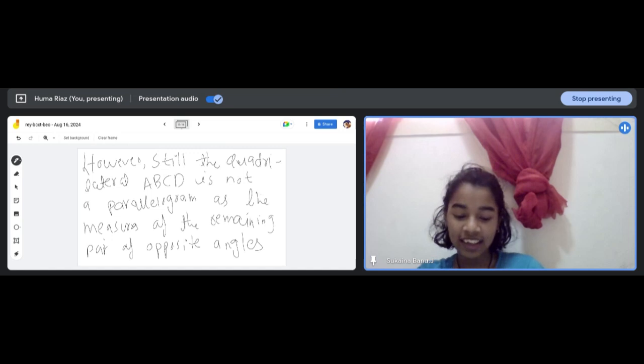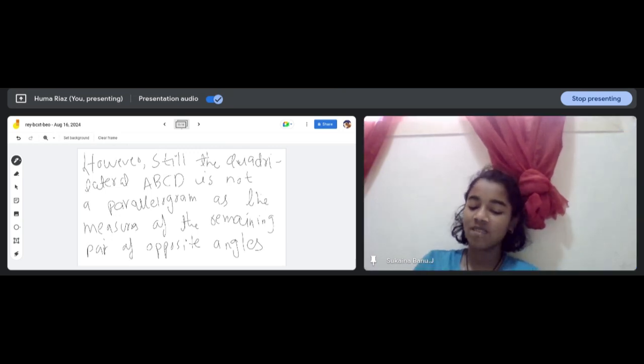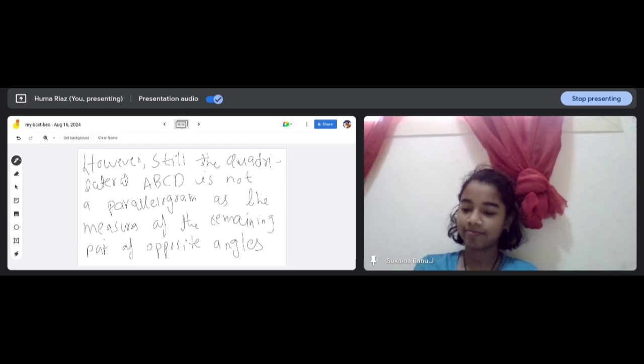And then how a quadrilateral ABCD may or may not be a parallelogram, and we also learned its conditions. Two points you have to remember: in a general quadrilateral, there are no equal lengths and no equal angles, but in a parallelogram, opposite lengths are equal and opposite angles are equal.